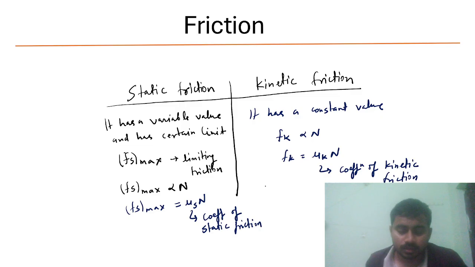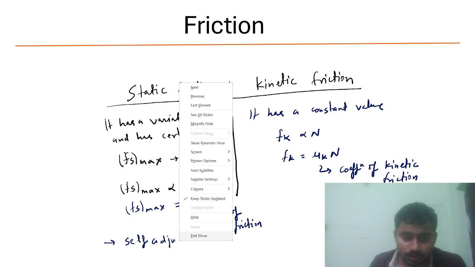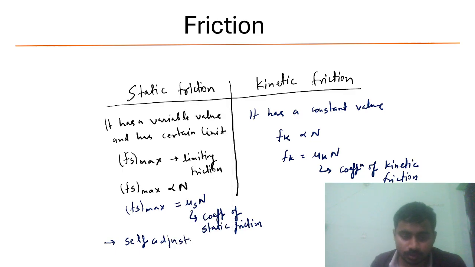So from here we can say that static friction is self adjustable, meaning it adjusts its value depending on the force we are applying.